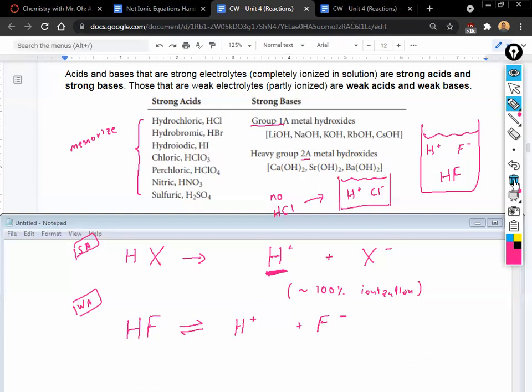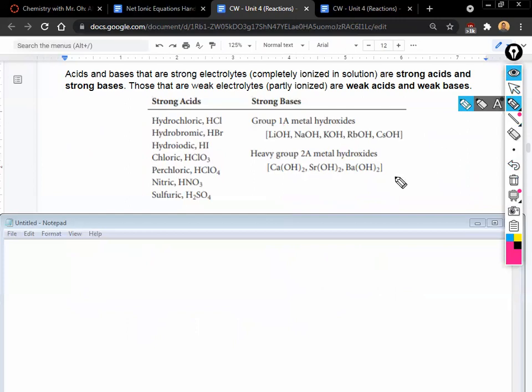Okay, and strong bases are basically the same thing in terms of what they do. If you put a strong base inside of water, so for example, if we put LiOH inside of water, it will almost 100% turn into Li plus and OH minus.